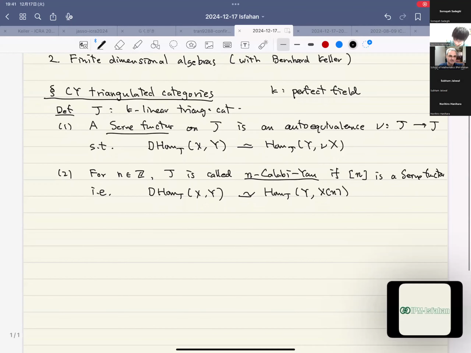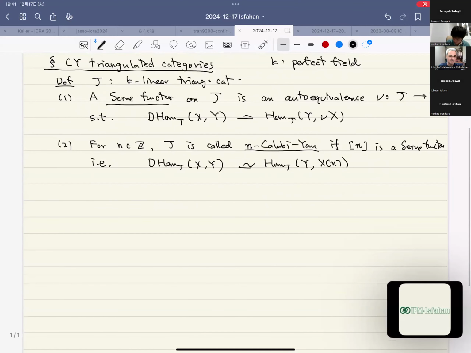So the first example: let A be a finite dimensional Iwanaga-Gorenstein algebra, or just simply Gorenstein, in the ordinary sense, namely, it has finite injective dimension on each side.